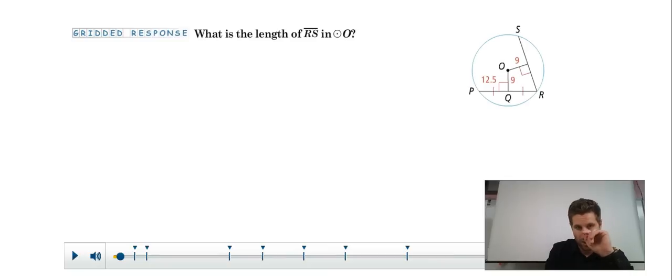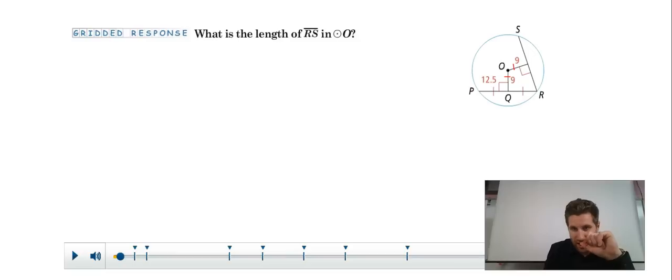Here we go. What is the length of RS? Okay, if our distances right here, so check this out, draw this picture. If this is 9, and this is 9, we automatically know PR, the chord, and SR are equidistant to the center. Because of that, I know that they are congruent.